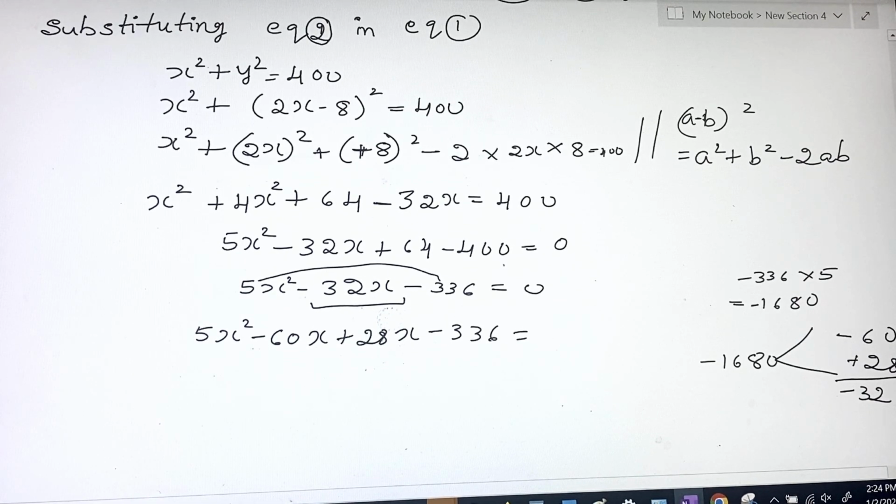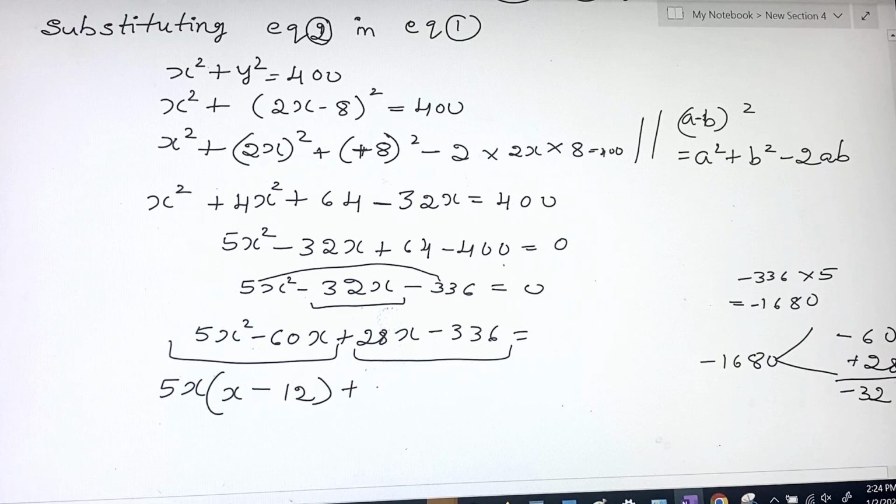Now let's split. Here I'll take 5x as common, so what remains is x minus 12. Plus here again I'll take 28 as common, x minus 12 is equal to 0.